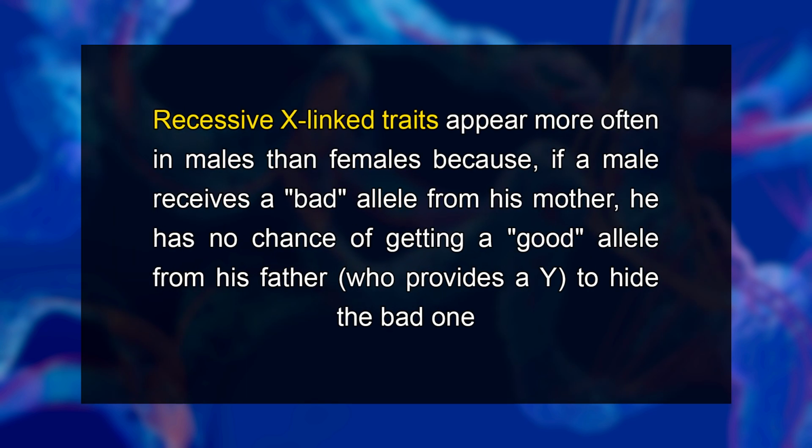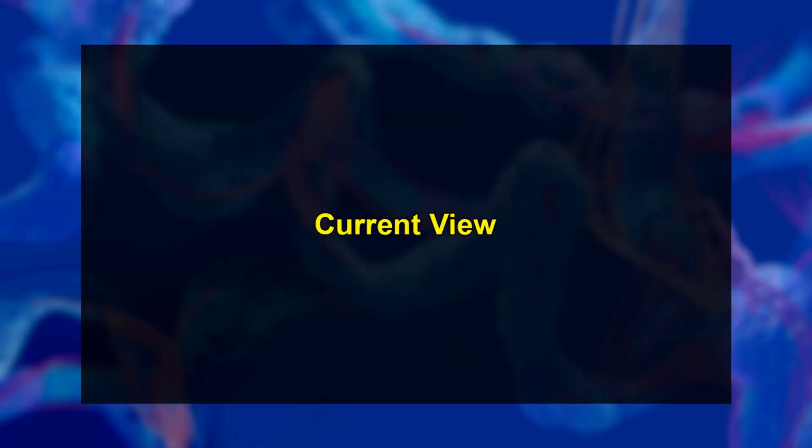Recessive X-linked traits appear more often in males than females because if a male receives a bad allele from his mother, he has no chance of getting a good allele from his father, who provides a Y to hide the bad one. Females, on the other hand, will often receive a normal allele from their fathers, preventing the disease allele from being expressed.